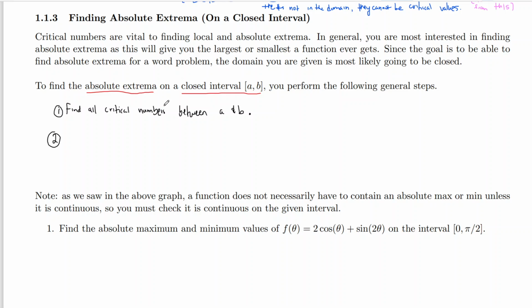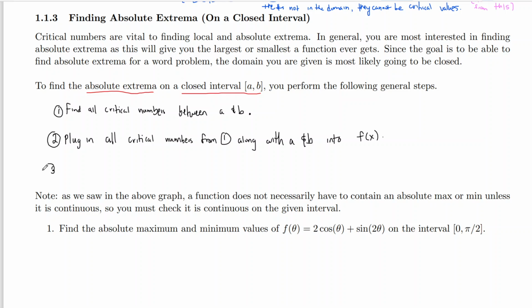Once you do that, that's actually pretty much the main step. Then what you do is you plug in all the critical numbers found in the previous step, so from part 1, along with a and b, the endpoints, into the original function, I'll just call it f of x.